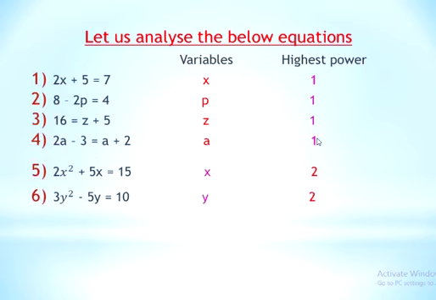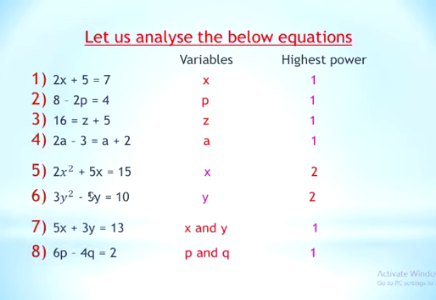Let us take some other examples. 2x square plus 5x is equal to 15. Here x is a variable but its highest power is 2. In the same way, 3y square minus 5y is equal to 10. Here the variable is y but the highest power is 2.